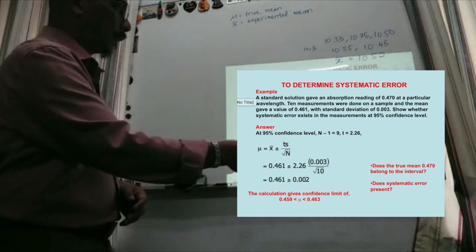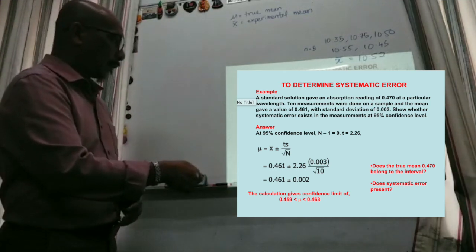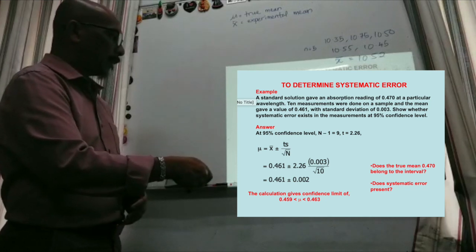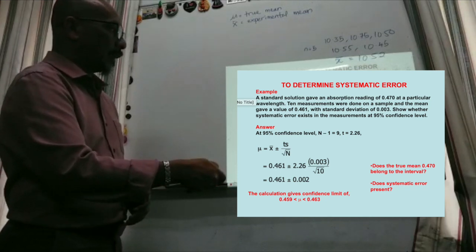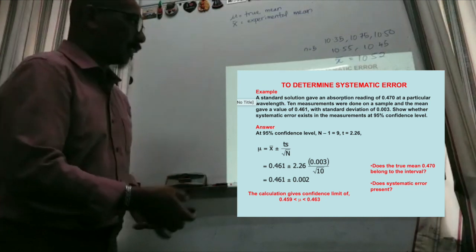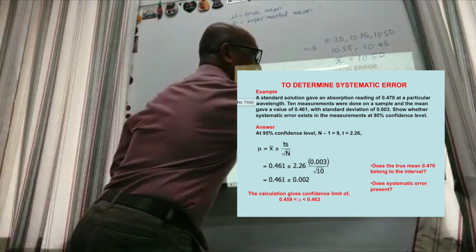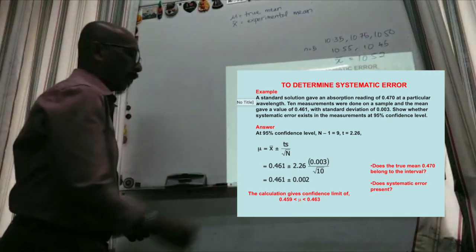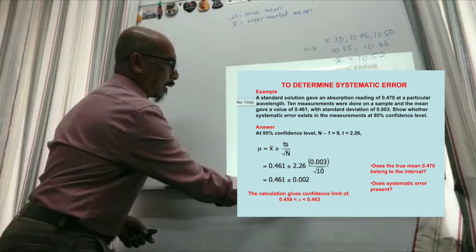If the value here is outside this range of confidence limit, then to the question, does systematic error present, the answer is yes, because the true mean here is higher than this one, not belonging to this range.